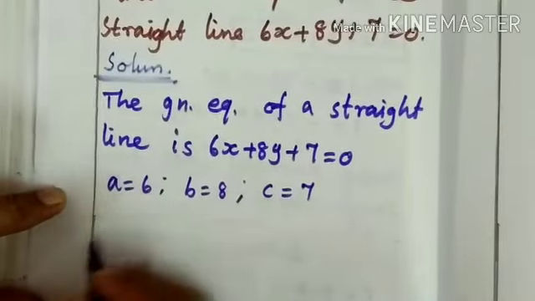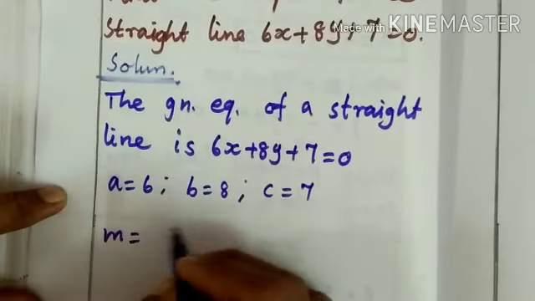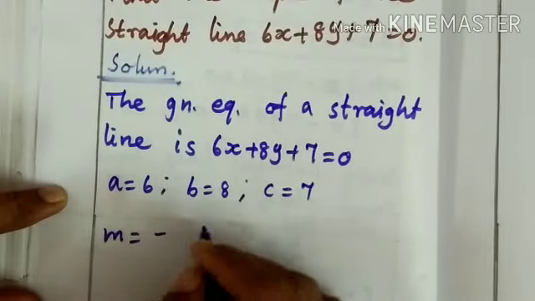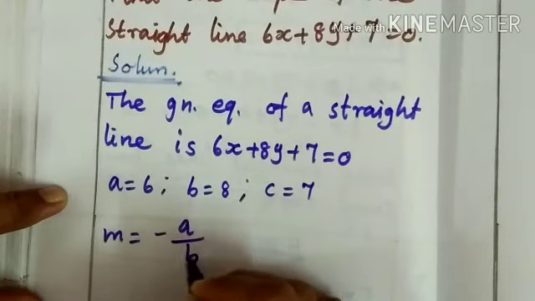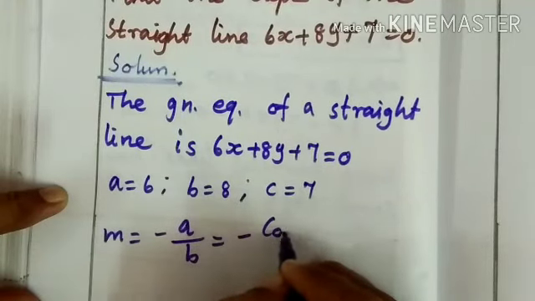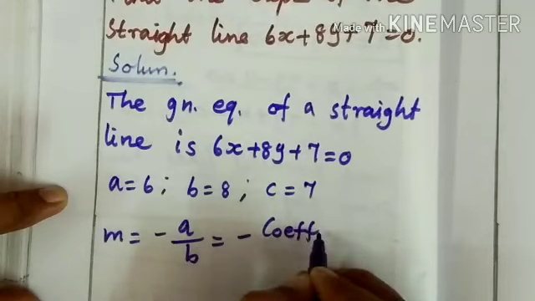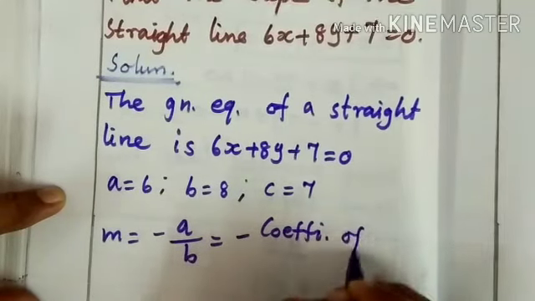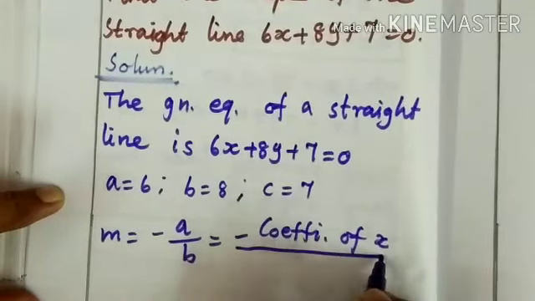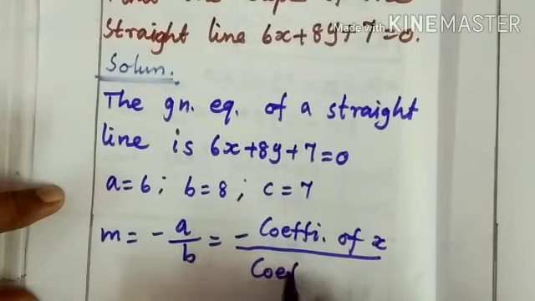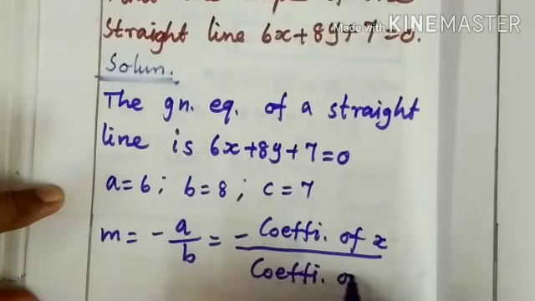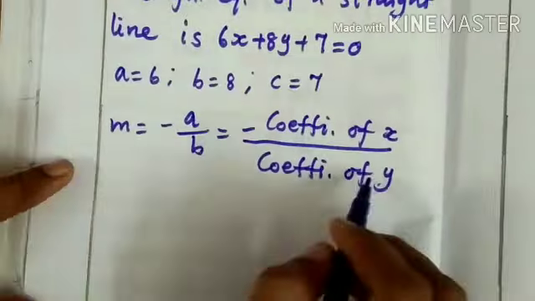We know that slope m is equal to minus a by b, that is minus coefficient of x term by coefficient of y term.